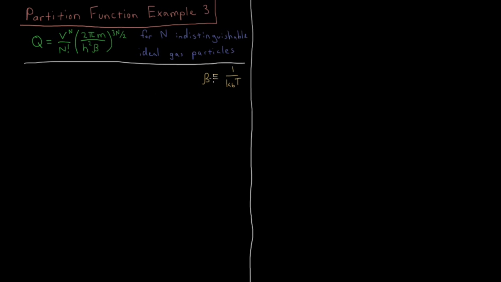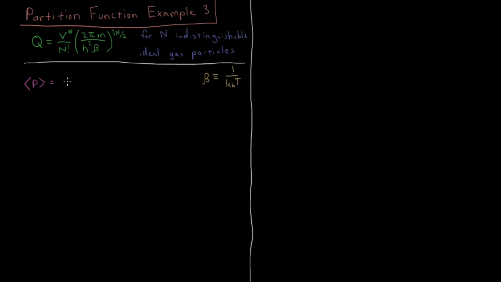And we'll remind ourselves again that this quantity beta is the inverse temperature, defined as 1 over the Boltzmann constant times the Kelvin temperature. Okay, so the physical property we're interested in here is going to be pressure, or average pressure, or expectation value of pressure, whichever you prefer to call it.